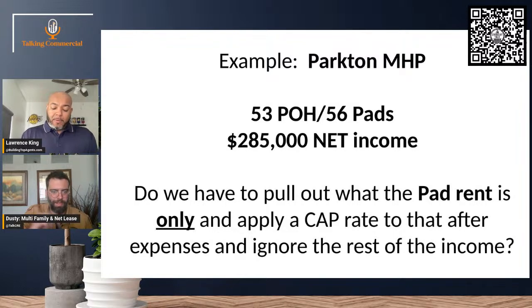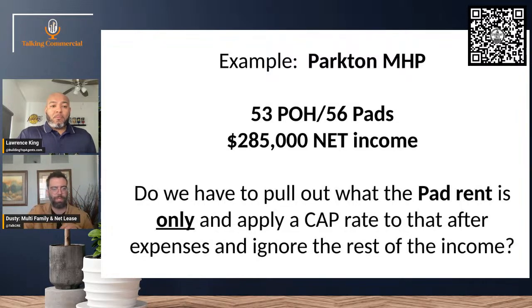Yeah. So this is me talking here about how I pulled the pad rent out, then we would apply a cap rate to that, and then we added on the value of those homes, but we also beefed it up farther than that, because of that net income, I think there was a total of $80,000. That was the rental portion of that. So I've got $80,000 net income a year coming in on this park. There is a value to that.